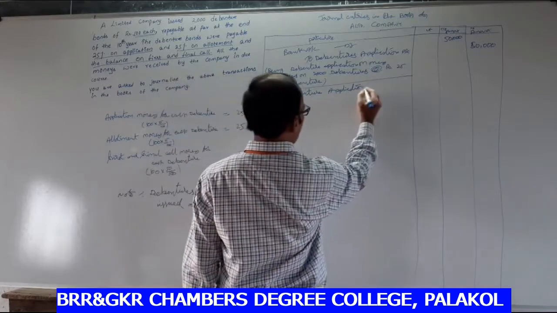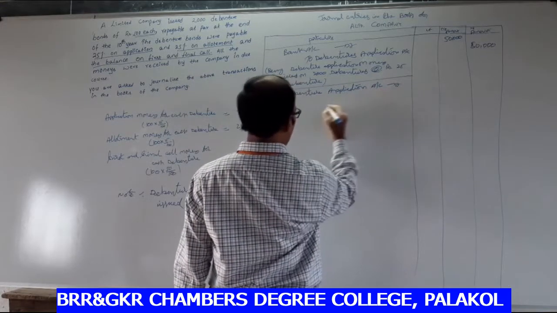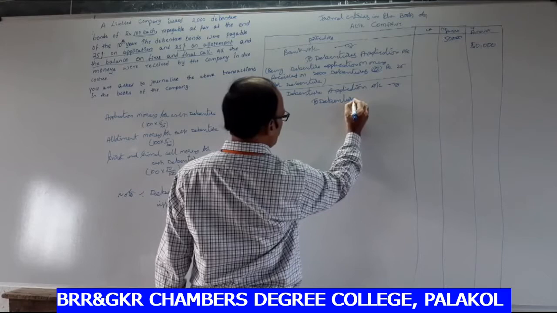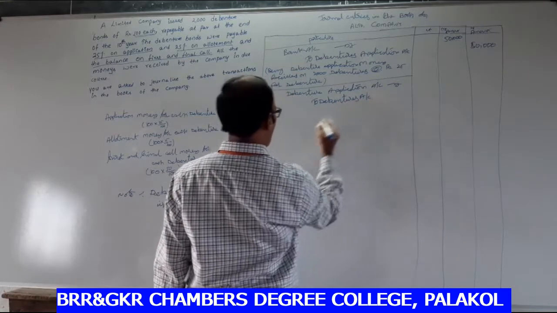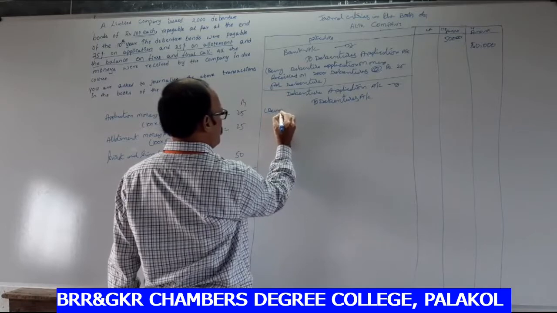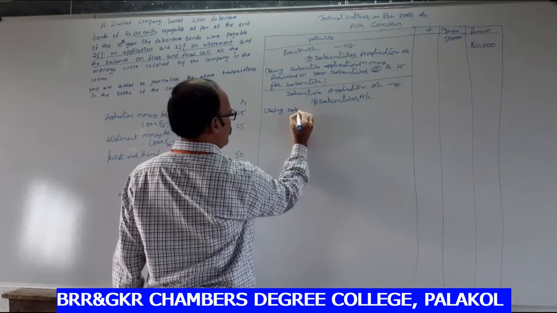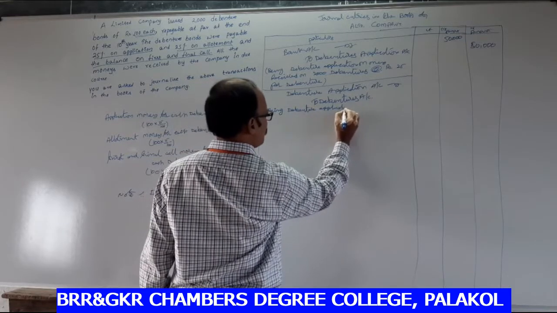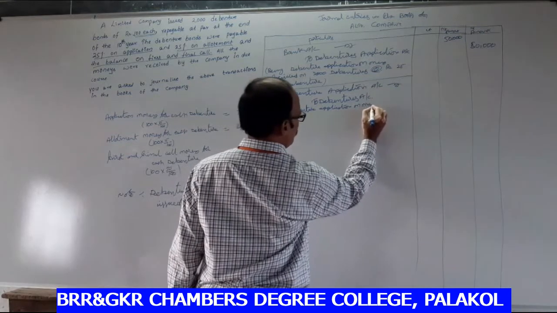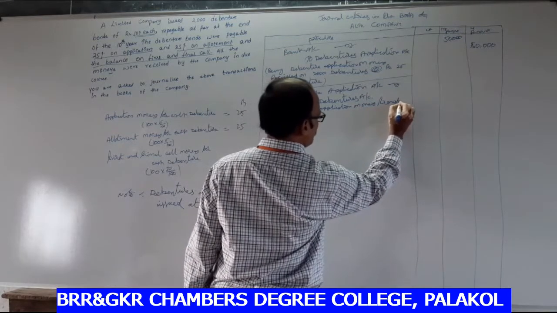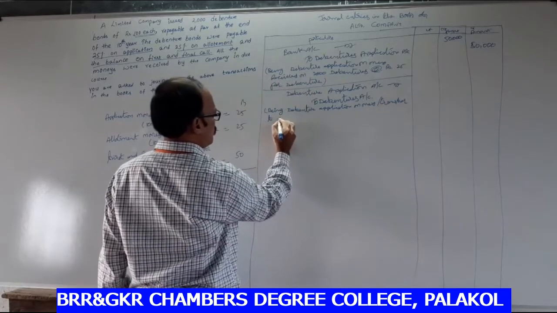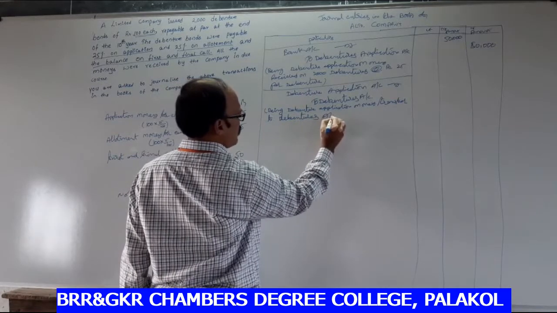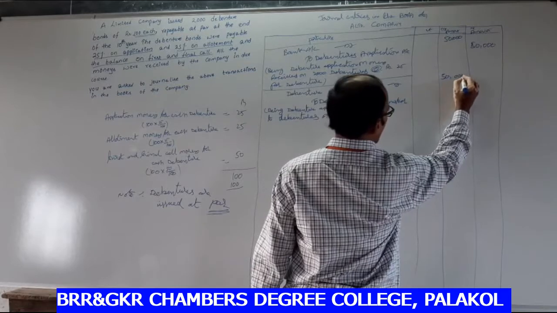The journal entry is debenture application account debit to debentures account, being debenture application money transferred to debentures account, 50,000.